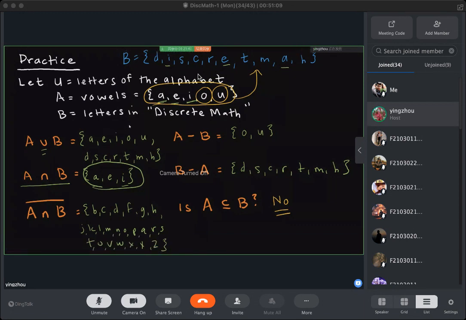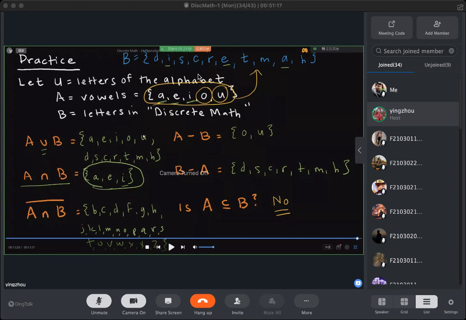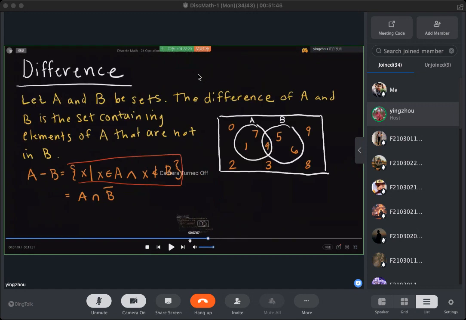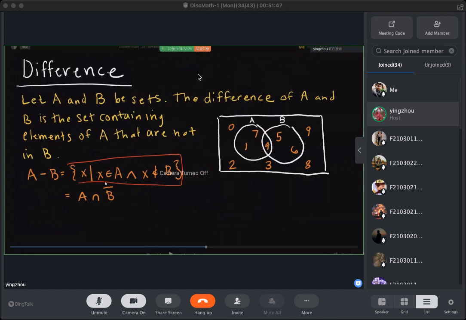That means for all x, if x belongs to A, then x belongs to B. And for the union, we just use the logic or: x belongs to A or x belongs to B. We also use logic for the difference.